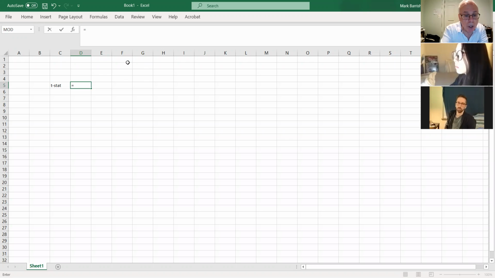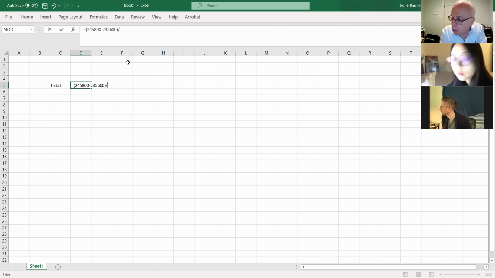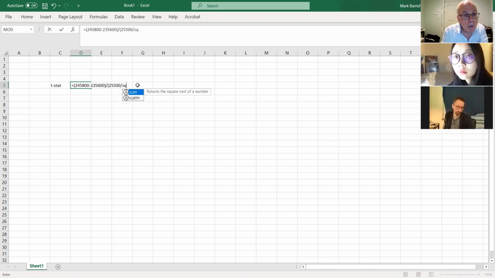The numerator is simply the sample mean, 245,800, minus the null mean, which is 235,600, divided by the standard error, and the standard deviation is 25,500, divided by the square root of 30.